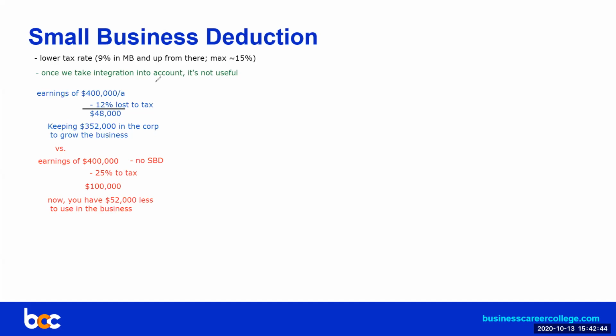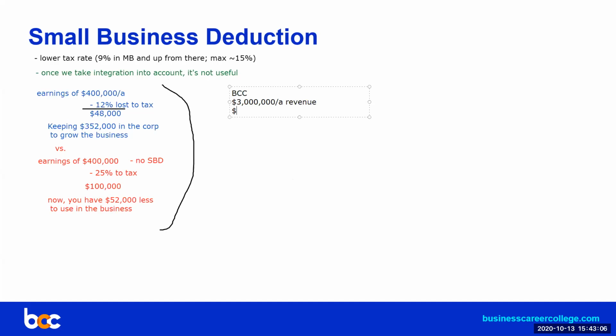So let's say that I recognize all of this and I'm running a business. And in fact, I'll use former Business Career College as an example here. So I've got BCC. And let's say for the sake of argument, BCC is doing $3 million of revenue every year.